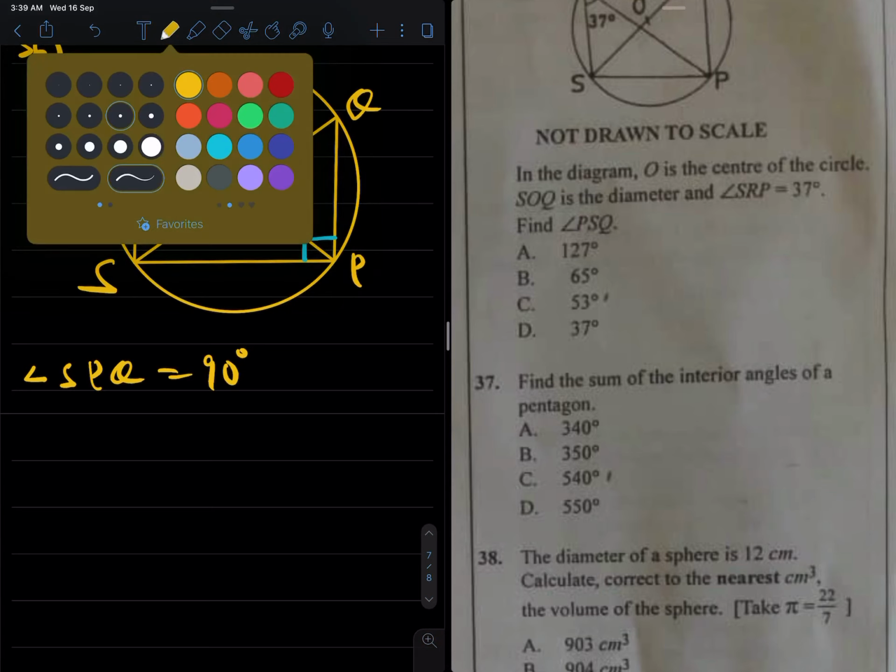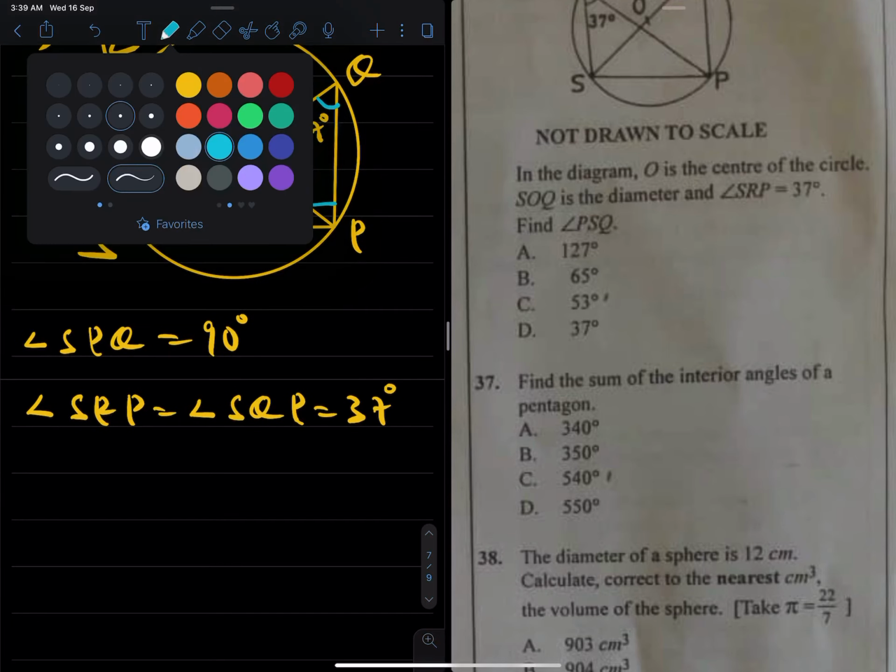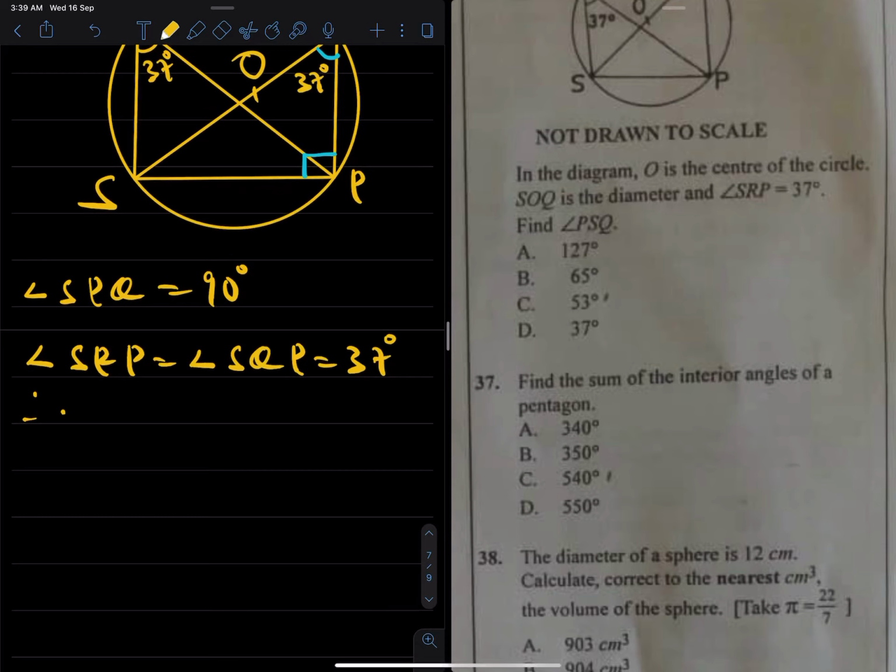And what else? Angle SRP is equal to angle SQP, which is 37 degrees. And the reason for that, I'm sure you already know, is angles in the same segment. So this is also 37 degrees. Now we can find angle PSQ.